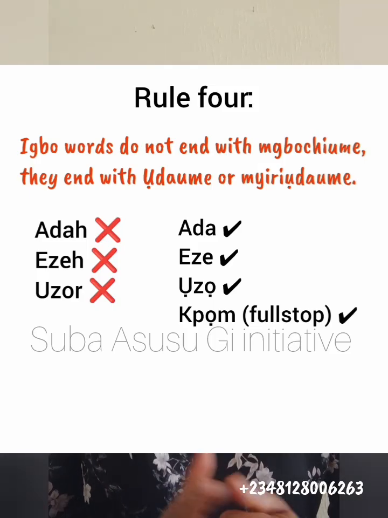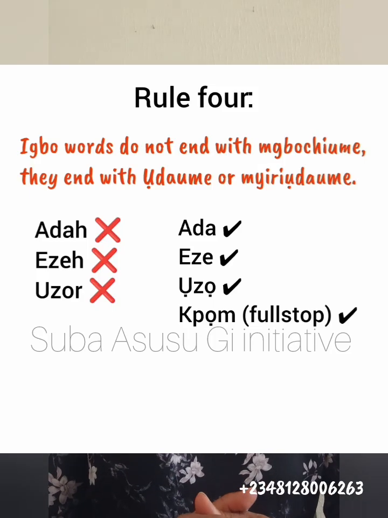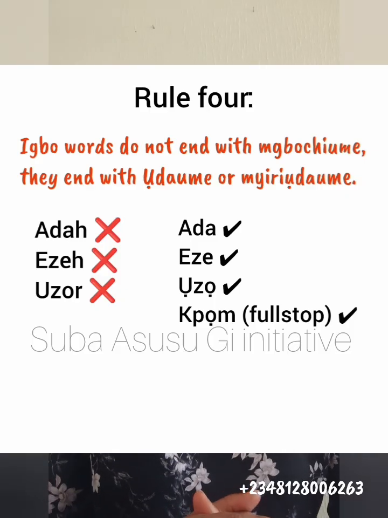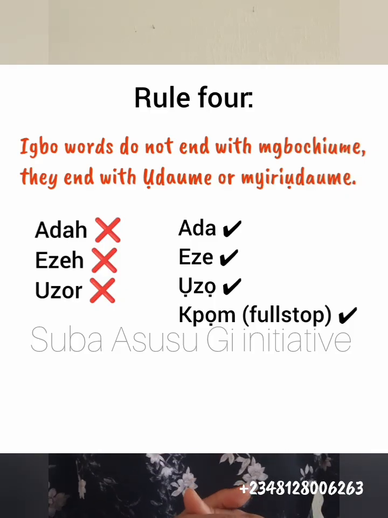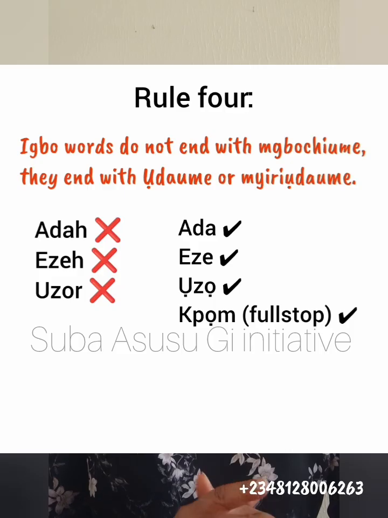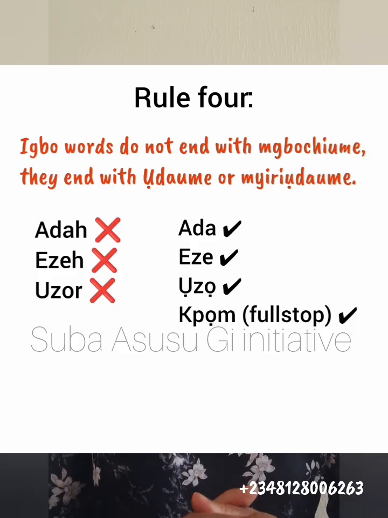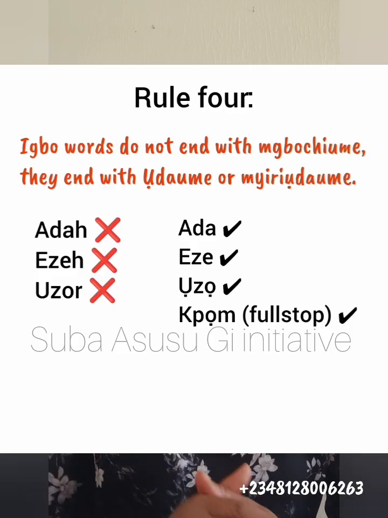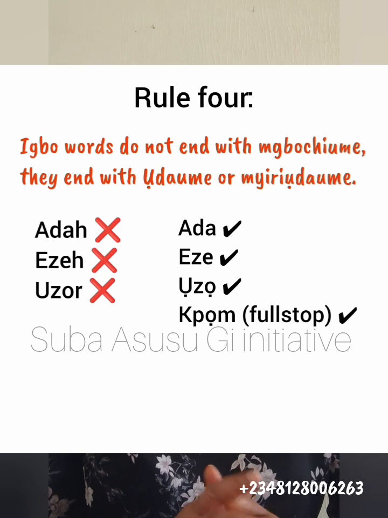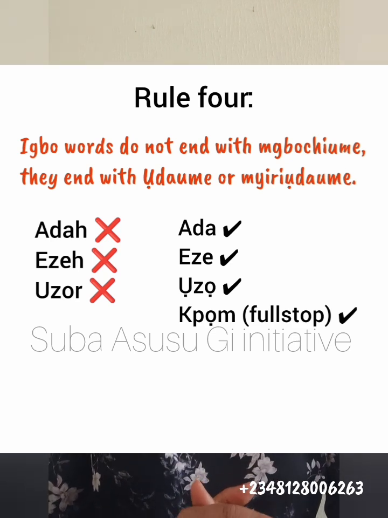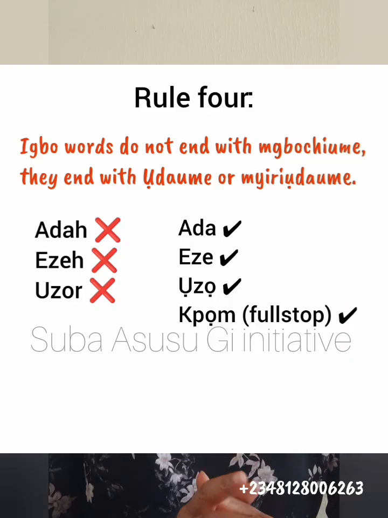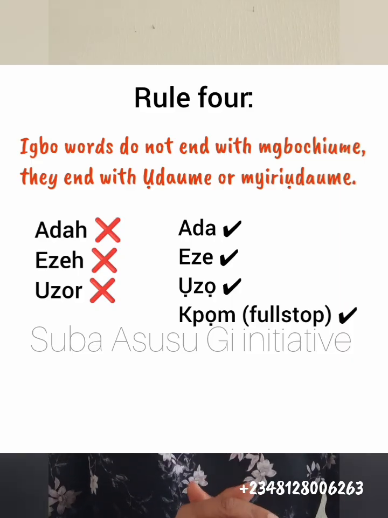So, and it cannot end the word because H is a consonant. Okay, so in Igbo we have that letter as he. He is a consonant, so it can't be in that word. So the word should have ended with a. You see the one with ending with a, that's the correct form of the word. So Ada, no H, no he.